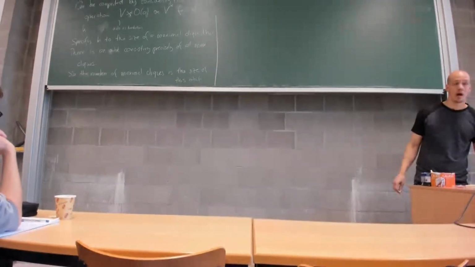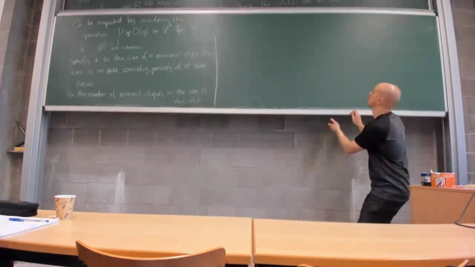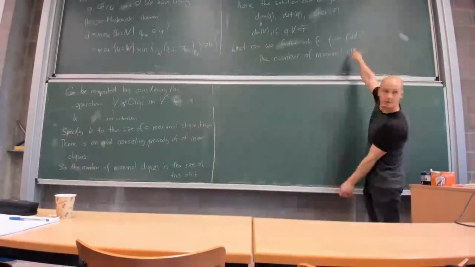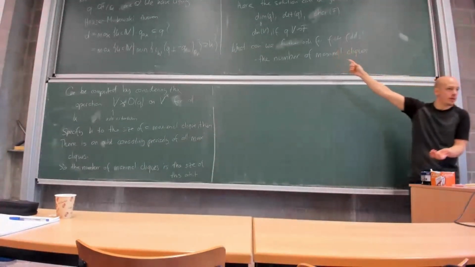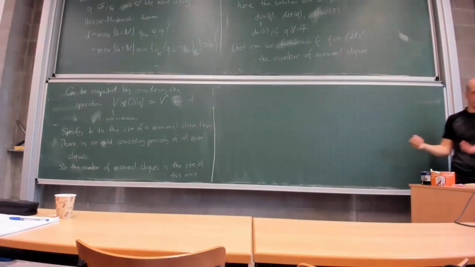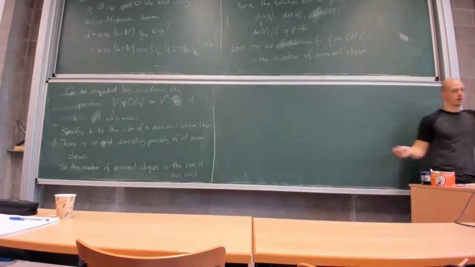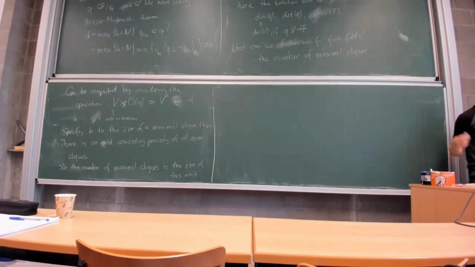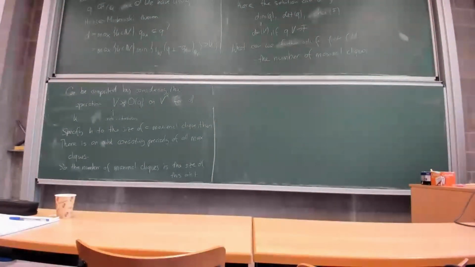Over which field are we now? Finite fields. We are still in the case of finite fields. So for an infinite field, you clearly have infinitely many maximal cliques because you can translate it everywhere. What did you say just with the extension result?